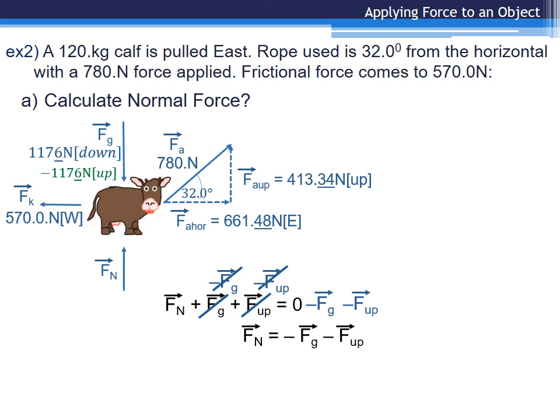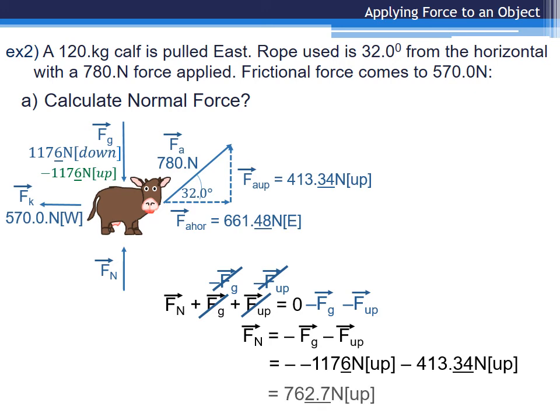Now I can sub my numbers in. And when I run that through my calculator, that gives me 762.7 newtons up. I wind up with only two significant figures, so my answer is the normal force is equal to 760 newtons up.